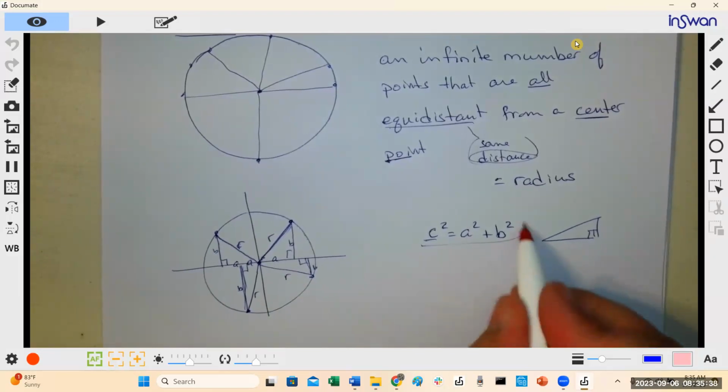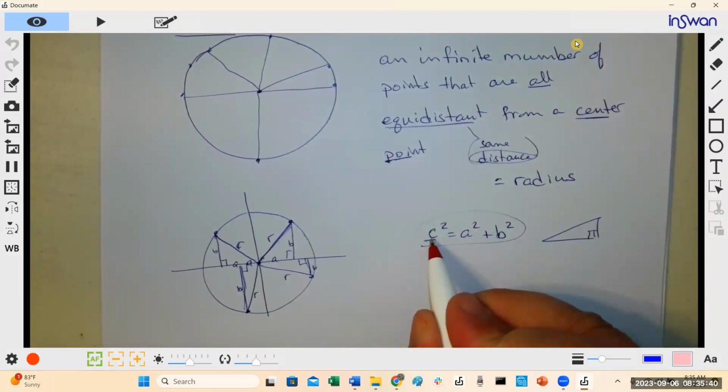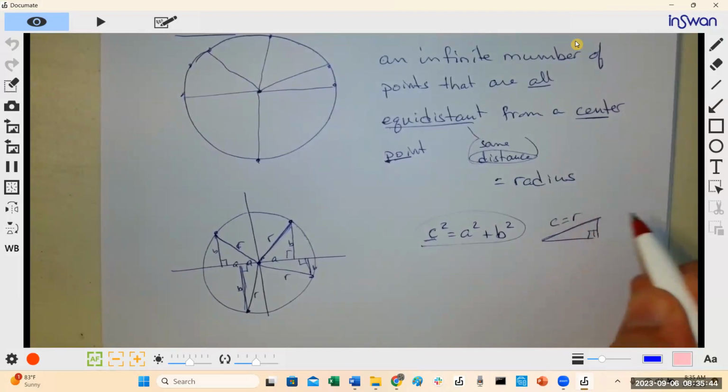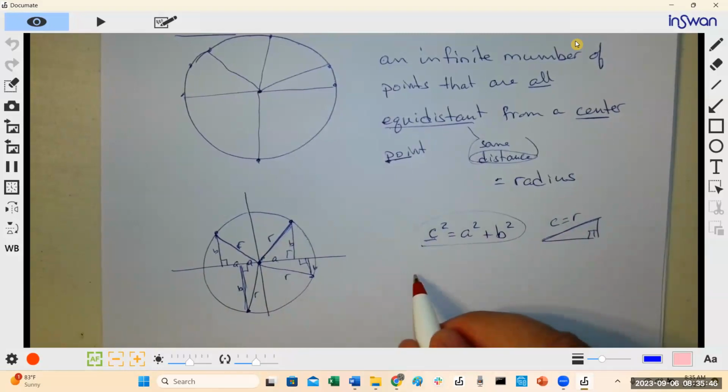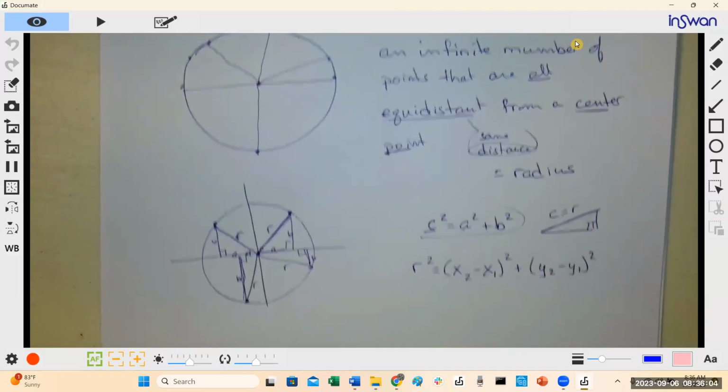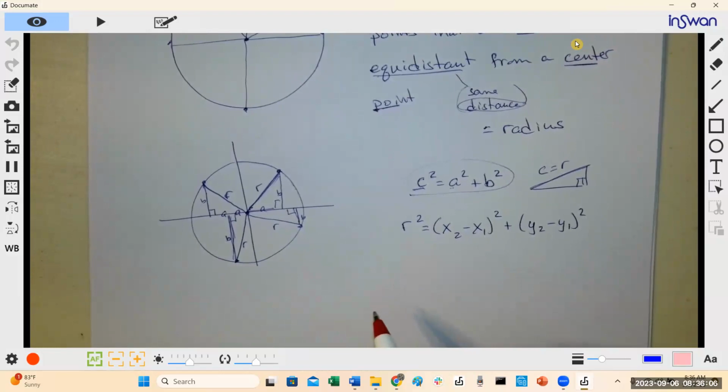So we're going to use this equation, but instead of C for the hypotenuse, it's now the radius of the circle. So we have R. And remember, since these are distances, A is the horizontal, so it's x2 minus x1 squared, y2 minus y1 squared. Remember, it's a distance. But there's a big difference here.